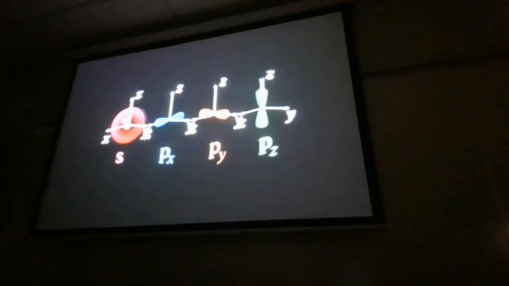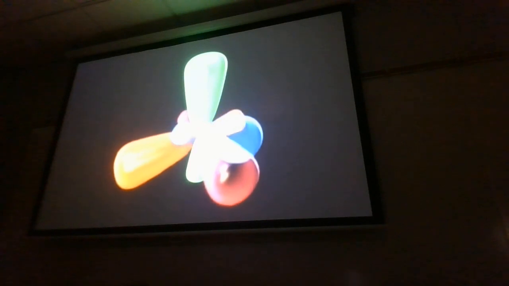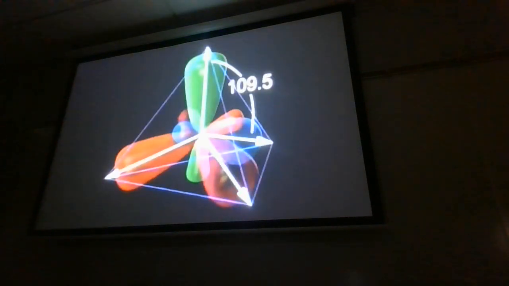Mixing of the s with all three p orbitals results in formation of four equivalent sp3 hybrid orbitals, directed toward the apices of a tetrahedron. The minor lobes usually aren't shown.